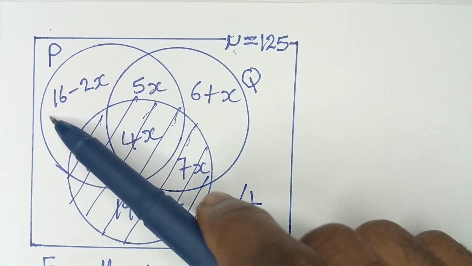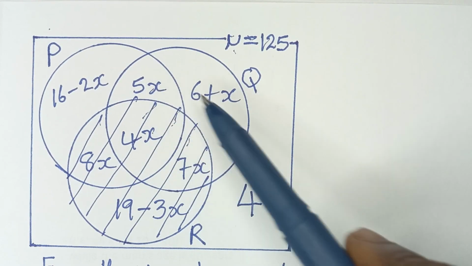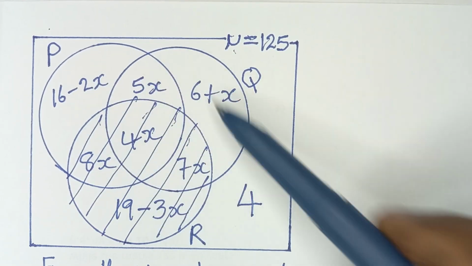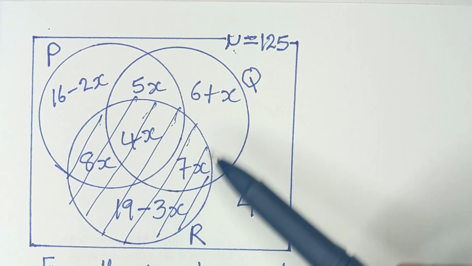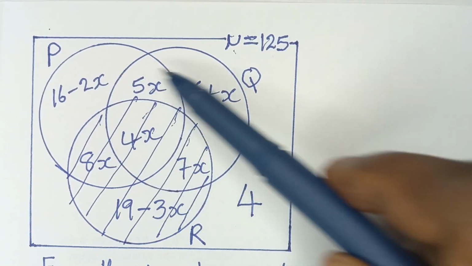So we are left with 16 minus 2x, we are left with 5x, and we are left with 6 plus x. Those are the parts that don't involve R. The parts that don't involve R at all are these unshaded parts.